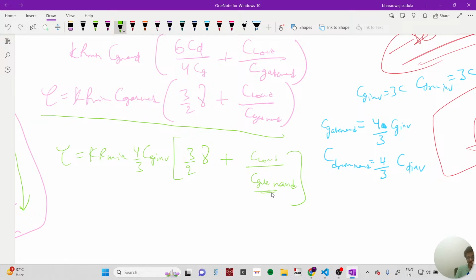We'll keep this as is. We'll come to know why it's kept like that. If I bring these two inside the ratio, this will be tau inverter times gamma plus 4 by 3 C load by C gate NAND.